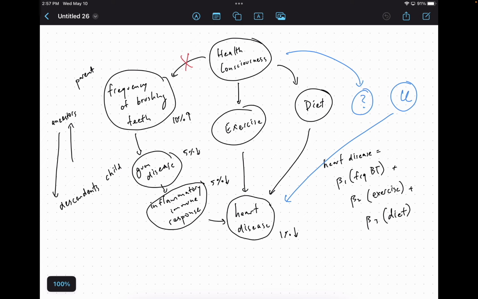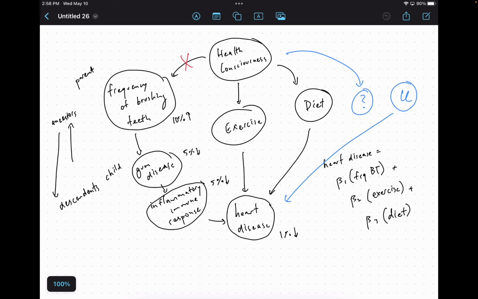Maybe dental insurance. Yeah, dental insurance. So this is like the art of econometrics doing inference: people propose these instrumental variables and then you have to think about the logic of it and then defend whether it makes sense or not.